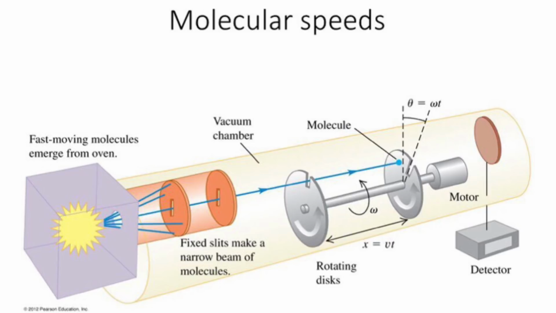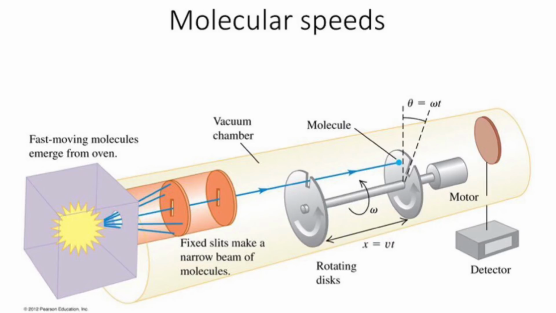So the molecules that have a certain speed along a certain direction are going to go straight through this vacuum chamber, and you have a set of rotating discs with a slit so that you can select only the molecules that have a particular speed. They are going to be able to go through the first slit and the second slit, and all the molecules that have a speed that is either too fast or too slow are going to end up on this wheel here, and they are not going to be able to make it through.